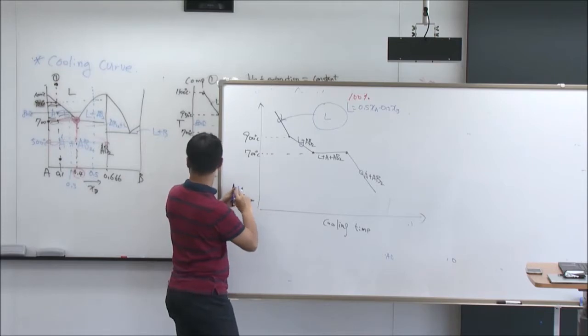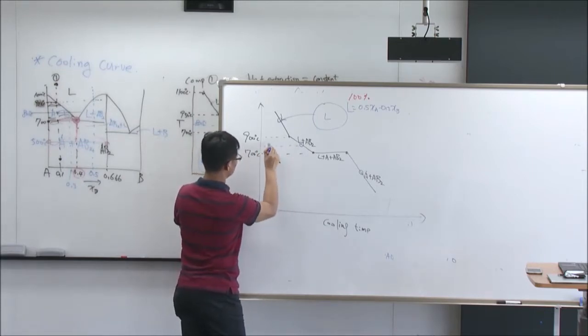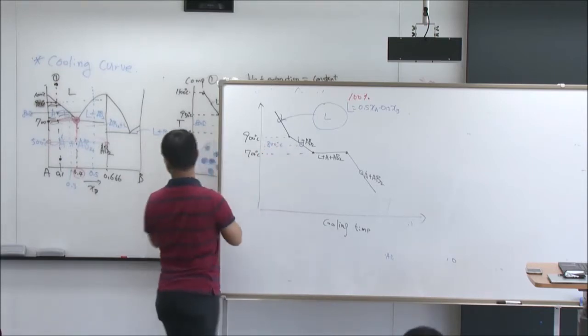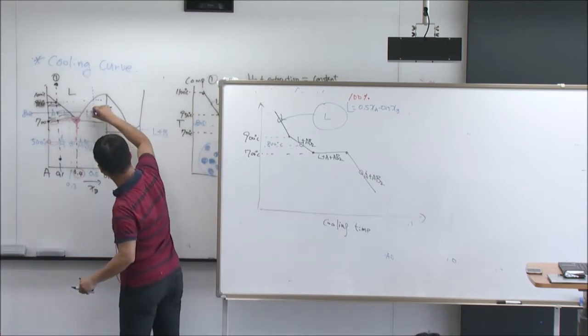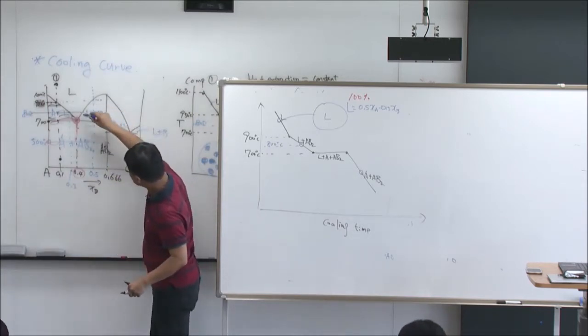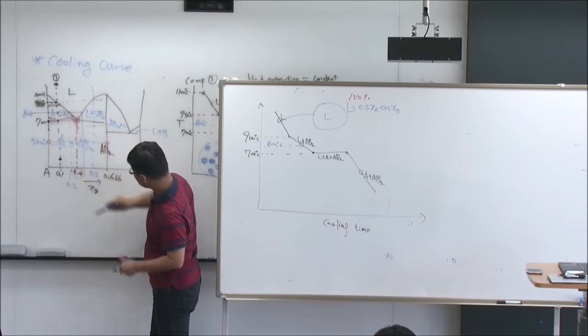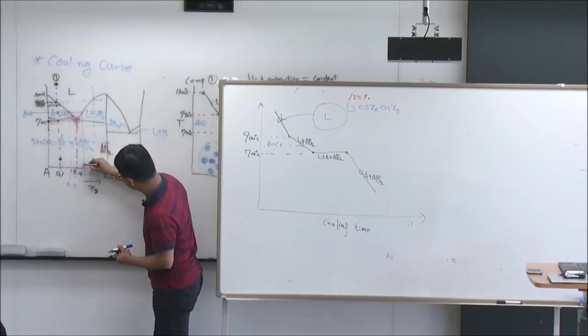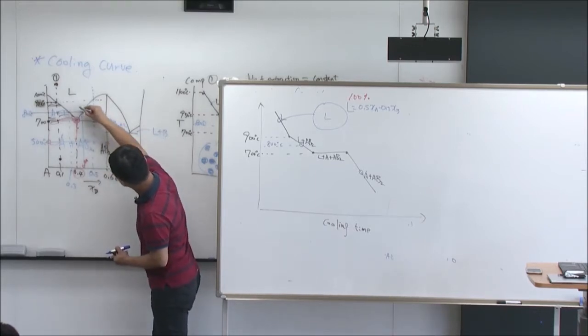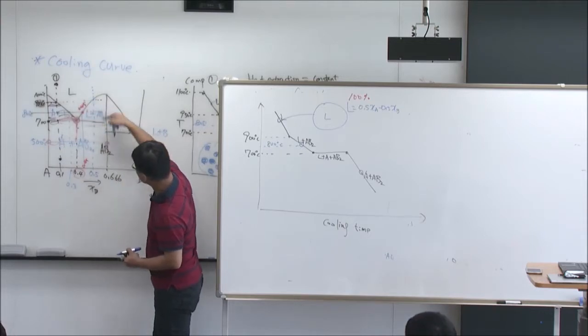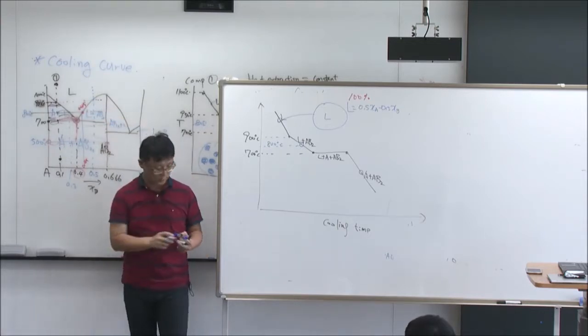And then about 800 degrees Celsius. So 800 degrees Celsius. Okay? So let's take this point here as 0.45. So this is 0.45 and this is 0.66. Okay?